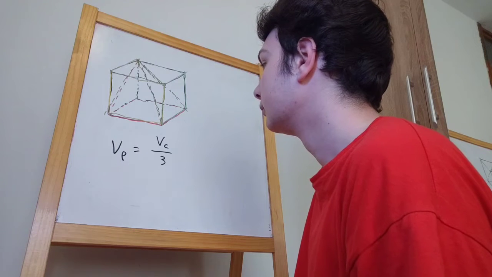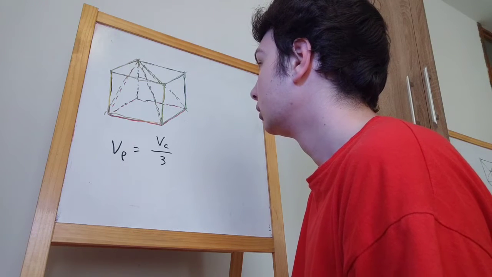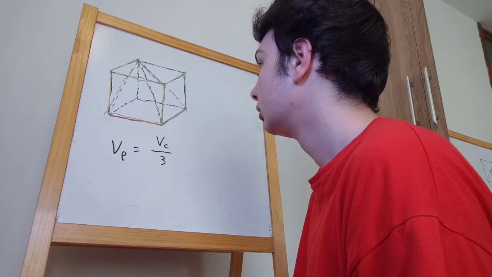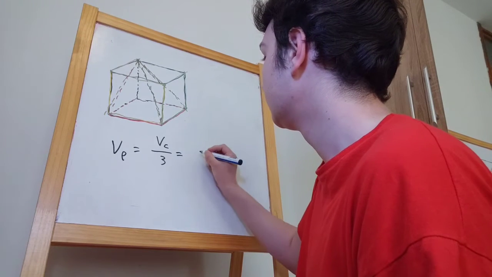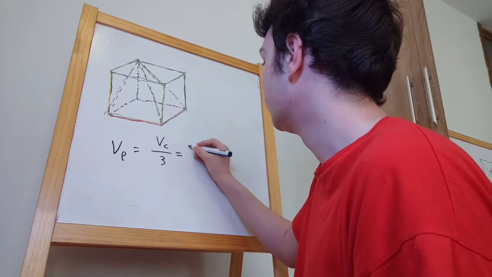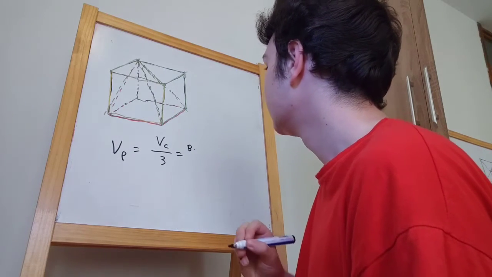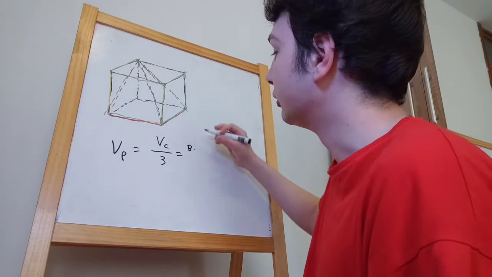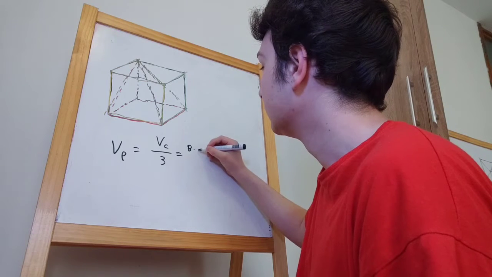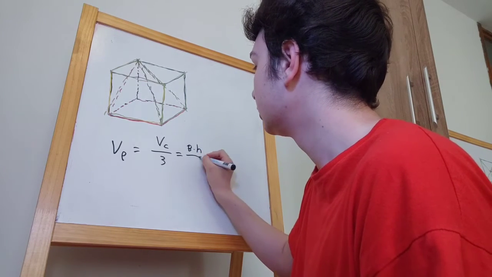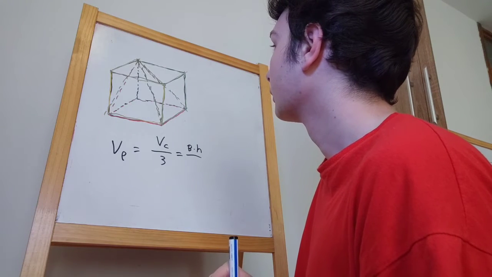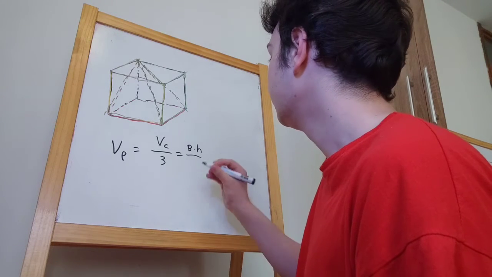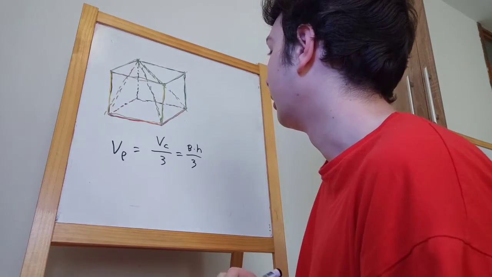Now, this volume is equal to the base of the cube, base times the height of the cube, which is h, which is really just the length of the cube over 3.